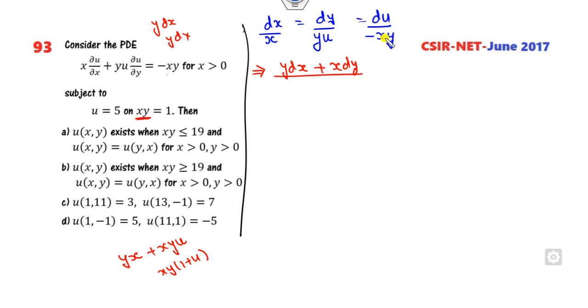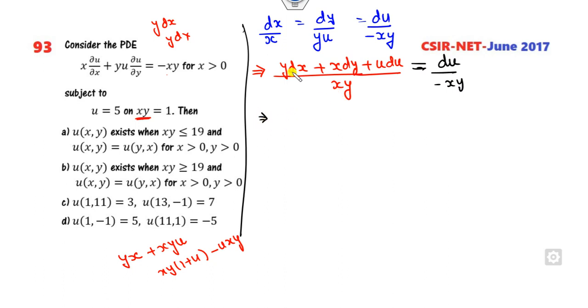So if I multiply this term by u of du, what is the answer of this? It is xy. Now how can you make them equal? I can equate this term with the xy here. Fine. xy will be cancelled out.